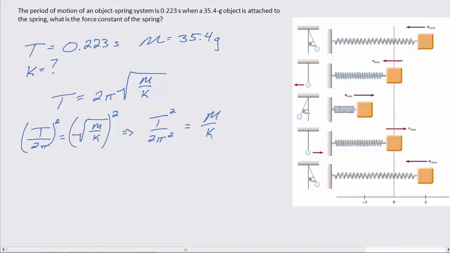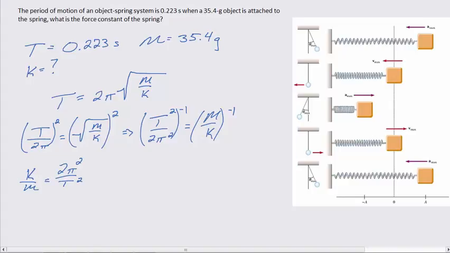m over k. And then if we take the inverse of both sides, we'll get a new equation that states that k divided by m is equal to 2 pi squared over our period squared.